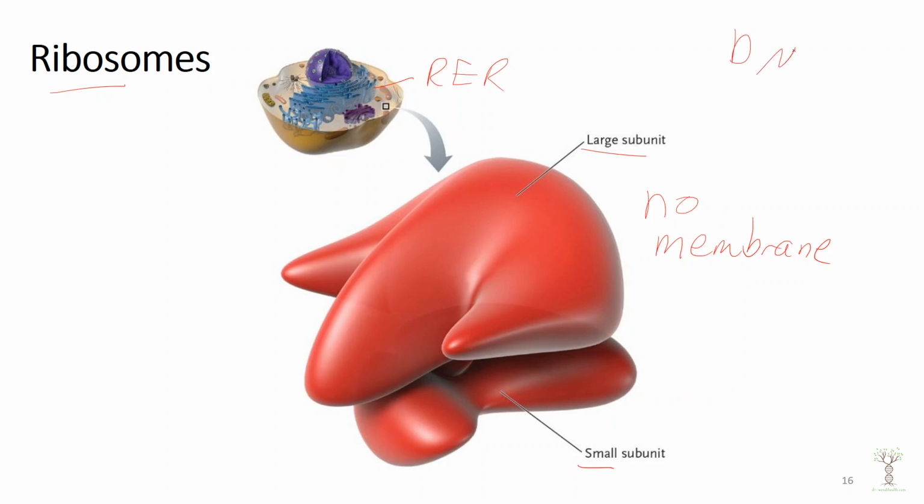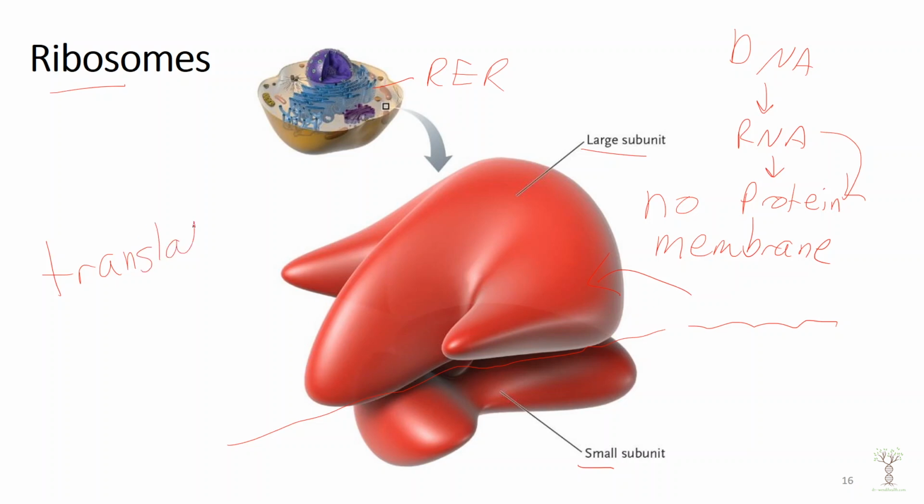Remember, DNA makes RNA, which makes protein. So how does the ribosome convert RNA into protein? If this is an RNA molecule, it weaves through this space between the large and the small subunit, and there are enzymes inside the large subunit that help to make peptide bonds between amino acids. This whole process is also going to be in another video, and that is called translation.